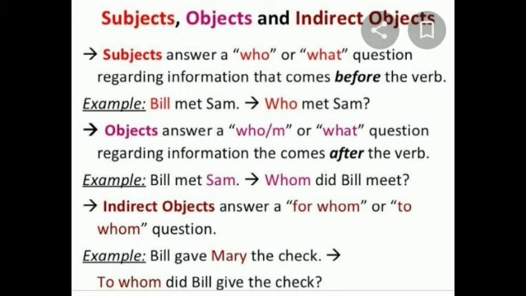Then verb. As we know, verb is the activity or action of the subject. Now object.